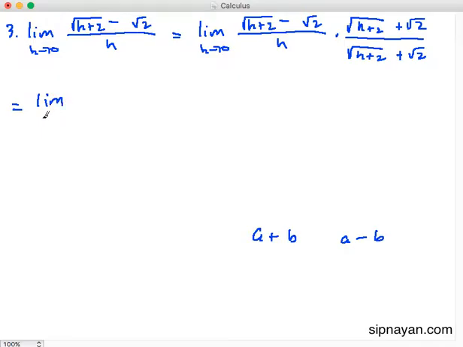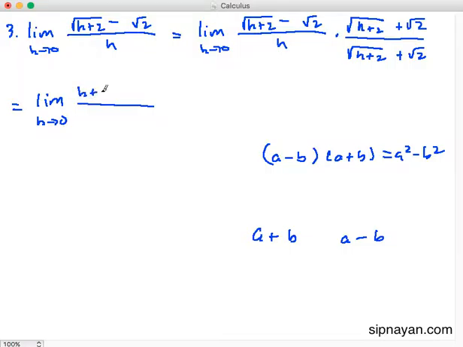So, mangyayari, magiging equal to the limit as h approaches 0 of, ano mangyayari dun sa taas? May difference of 2 squares siya, di ba? So, sa difference of 2 squares, diba, a minus b times a plus b is equal to a squared minus b squared. So, isi-square natin yung a. Ano ang square ng h plus 2? Na square of h plus 2. Diba h plus 2?